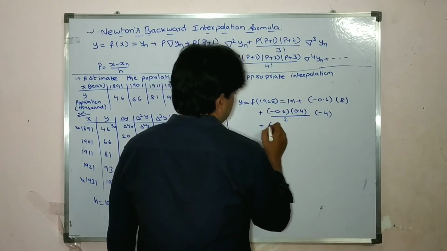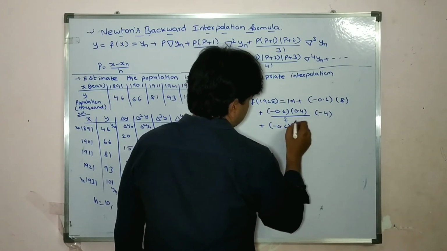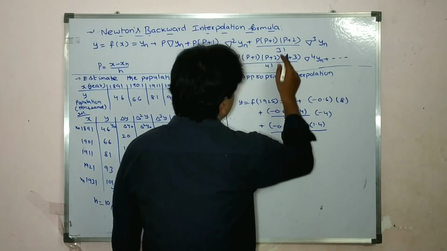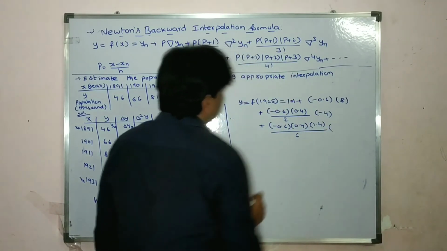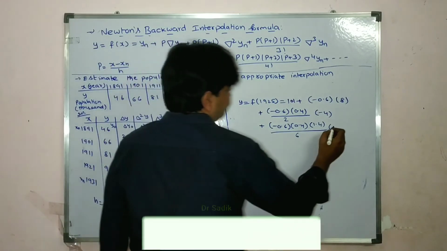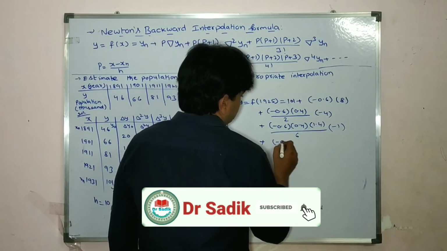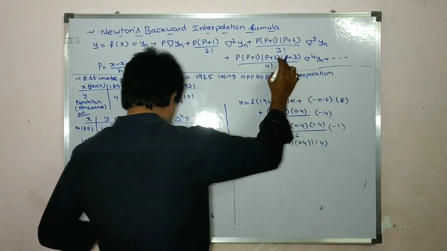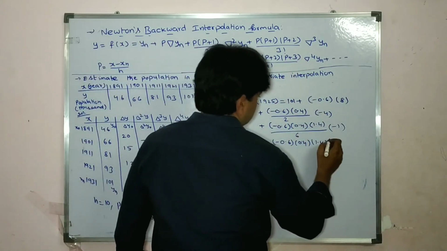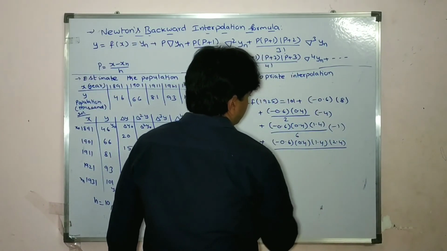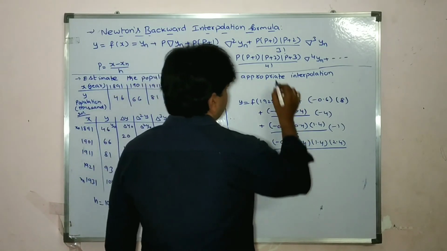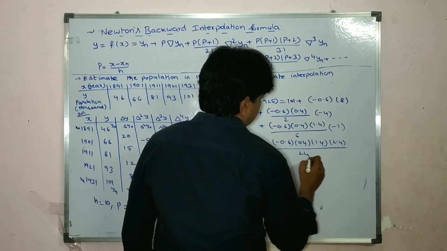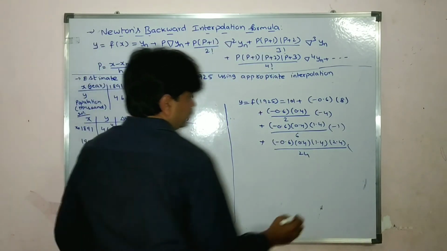Then p plus 2: 0.4 is common, so we get 1.4 divided by 3 factorial, which is 6, into del cube yn, which is minus 1. Then minus 0.6 plus 3 gives 2.4, divided by 4 factorial, which is 24, into del power 4 y, minus 3.